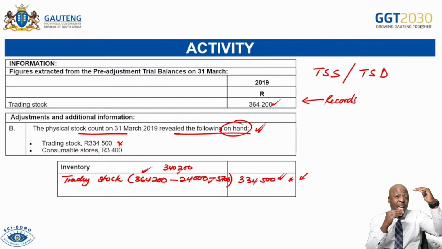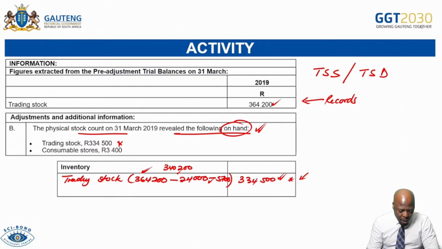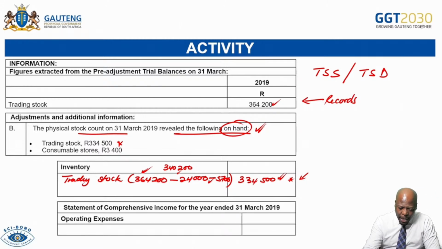All right. We therefore are going to record what we call a trading stock deficit. So I'm going to come now here under my operating expense, and I'm going to say trading stock deficit.